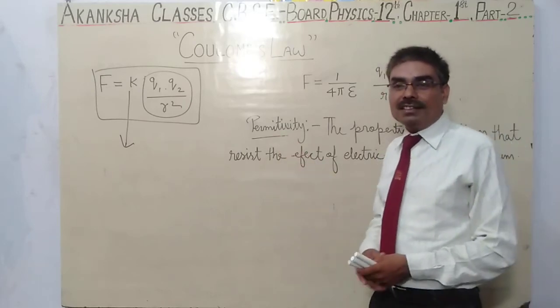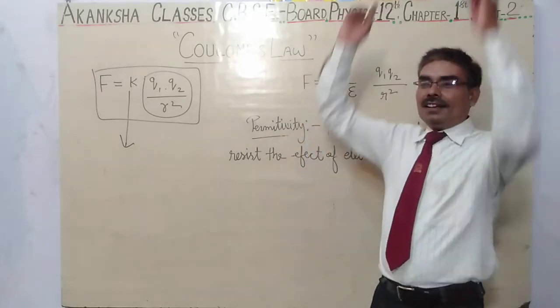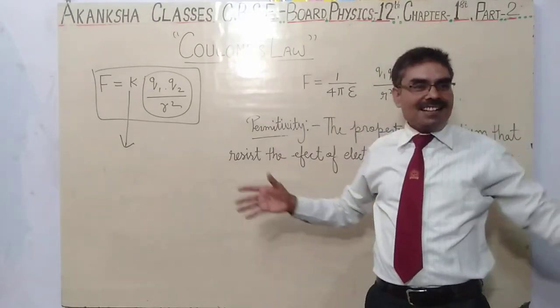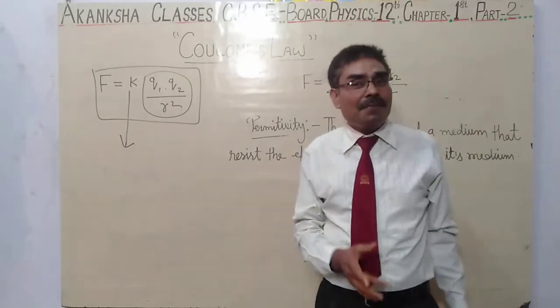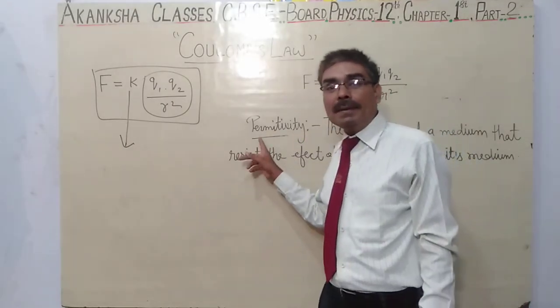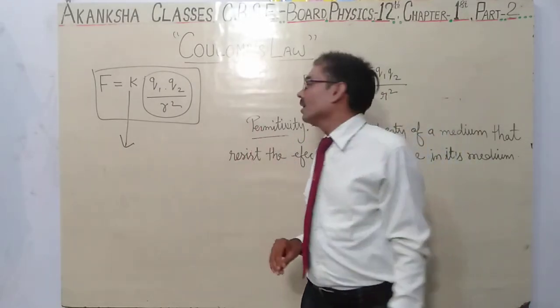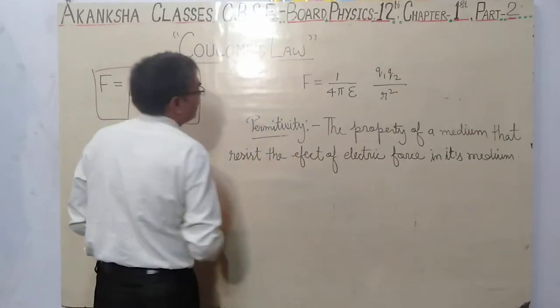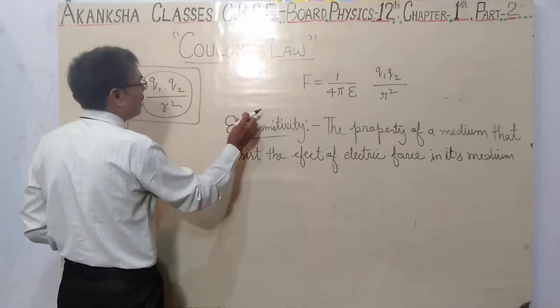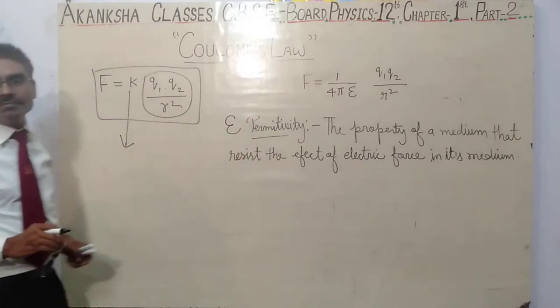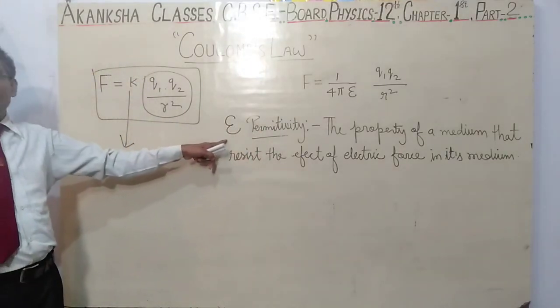If you are doing the same activity in sulfur dioxide, that is a medium, then the permittivity of sulfur dioxide will be included. Understood completely? And permittivity is indicated by epsilon.